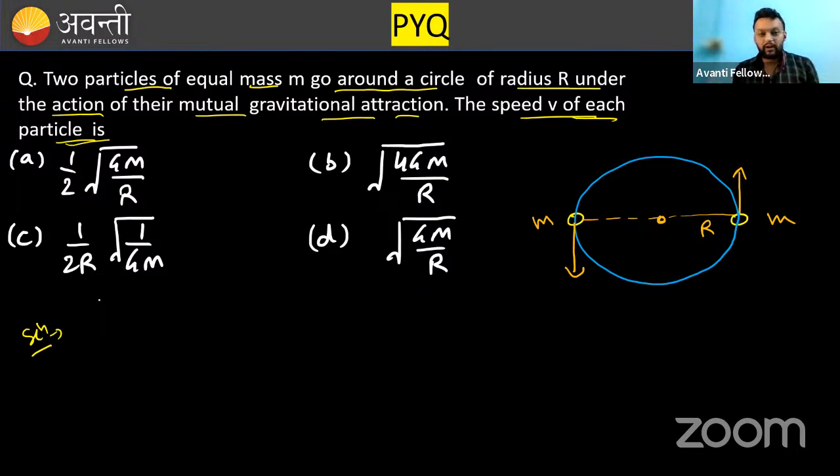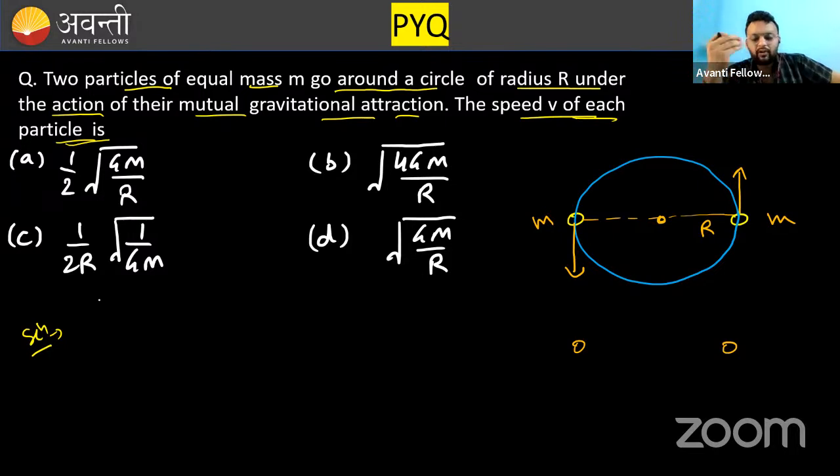Now, listen to me, this is another concept other than the question. When two bodies are moving in a circular path, where will the center of this system or circular path be? The center lies at the center of mass.